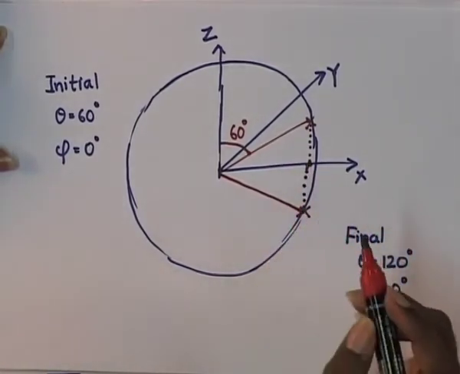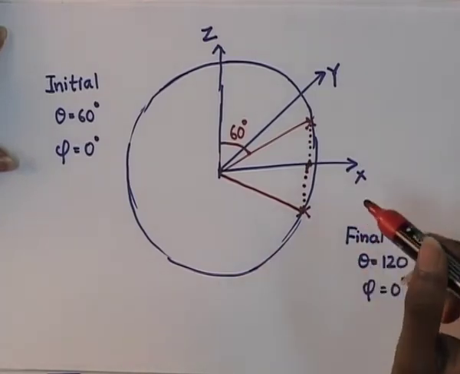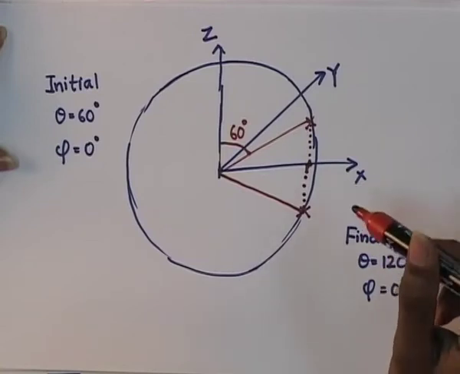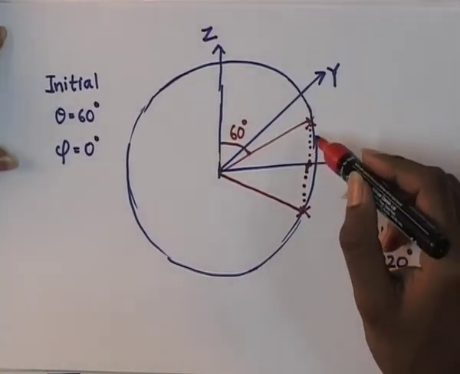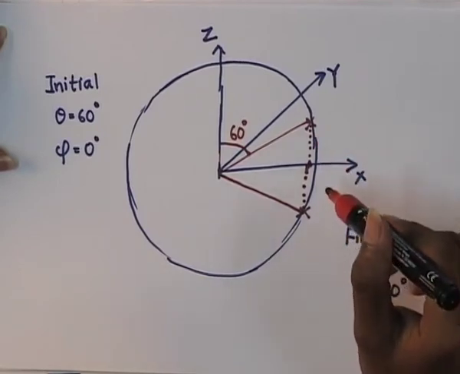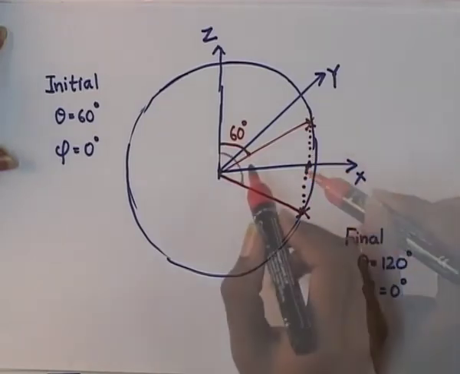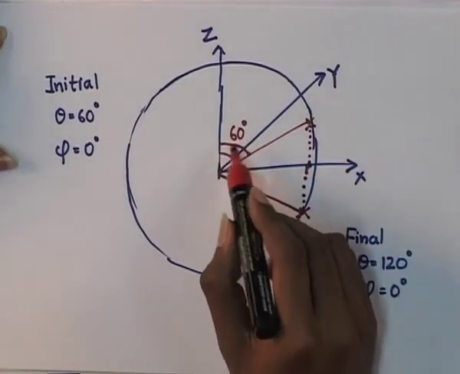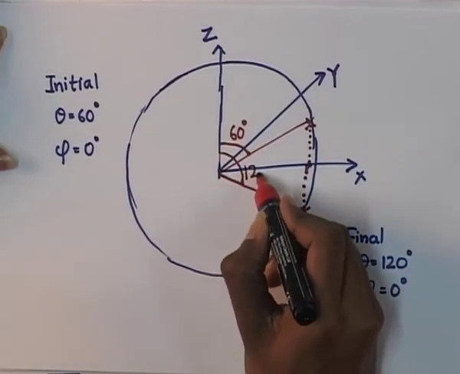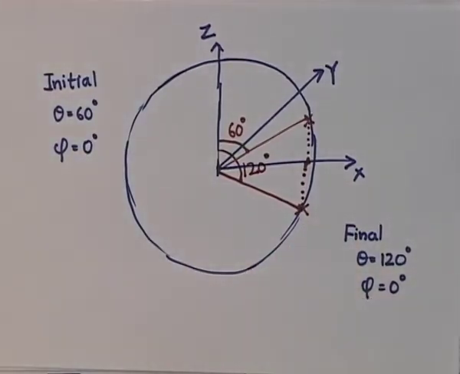So what we see here is both these quantum states are in zx plane, because the projection onto the equatorial plane lies on x axis completely. So we can say that these two quantum states lie in the zx plane, one of them makes 60 degrees with z axis, another makes an angle 120 degrees with z axis.